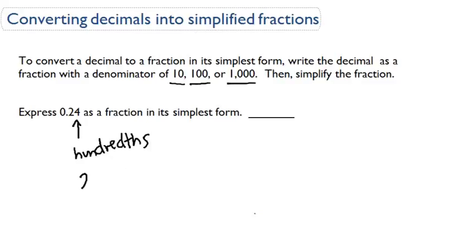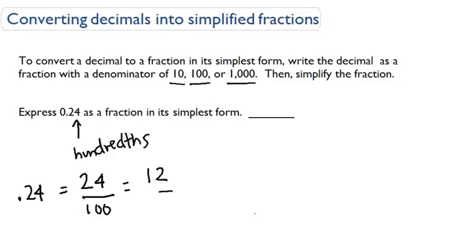So I'm going to write this as 24 divided by 100. 0.24 is equal to 24 over 100, which is 24 hundredths. Now I need to simplify the fraction. An easy way to simplify fractions is, since these are both even numbers, to divide them by 2 first. So keep dividing them by 2.